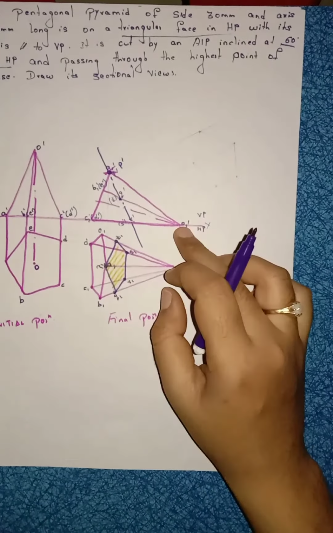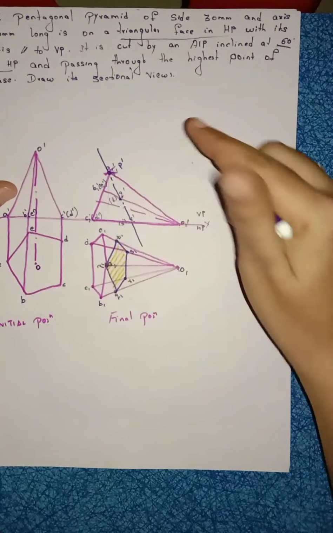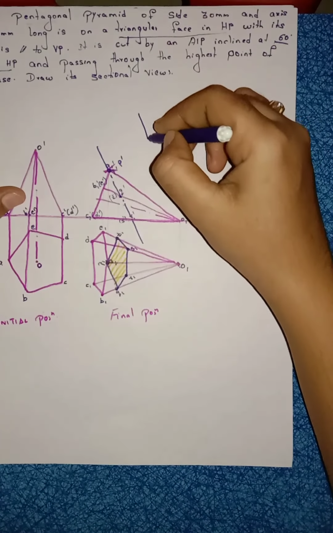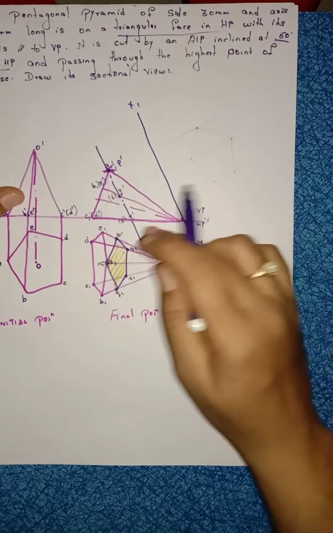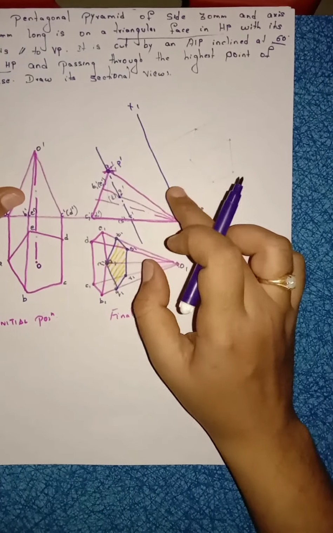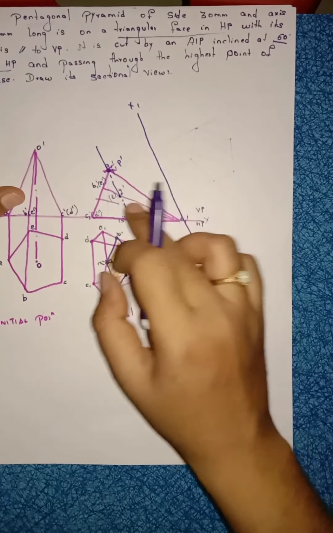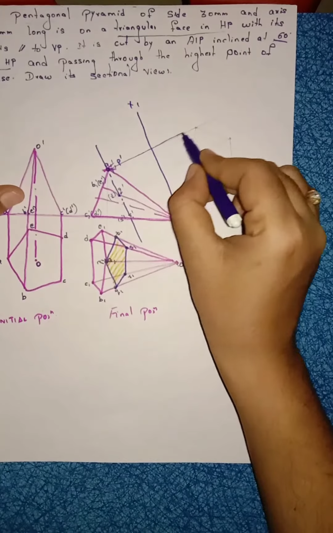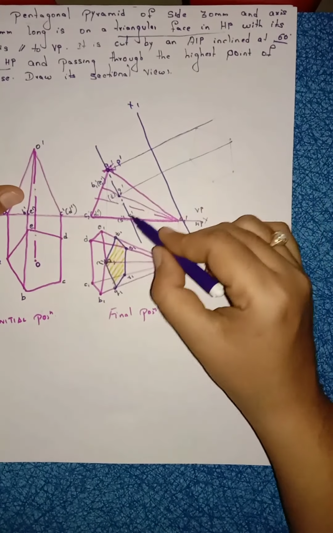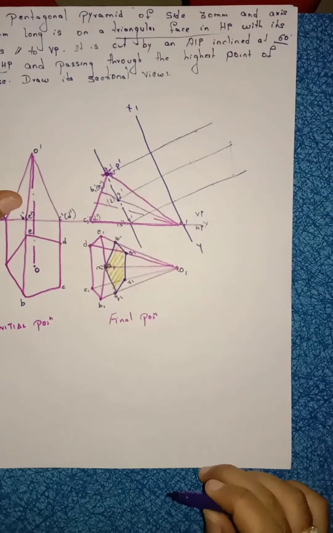Here the sectional plane is in an inclined position. So whenever the sectional plane is inclined, draw another reference line, name it as x1, y1, which is parallel to the sectional plane. After drawing this reference line, place your protractor on this sectional plane. From P, mark 90 degrees, from Q, mark 90 degrees, from R, mark 90 degrees.